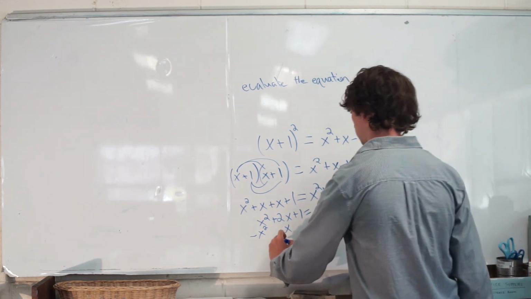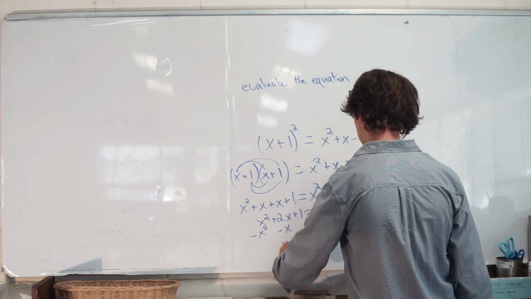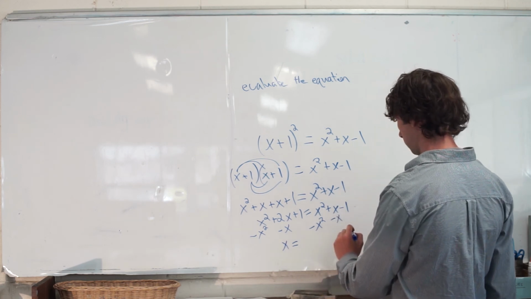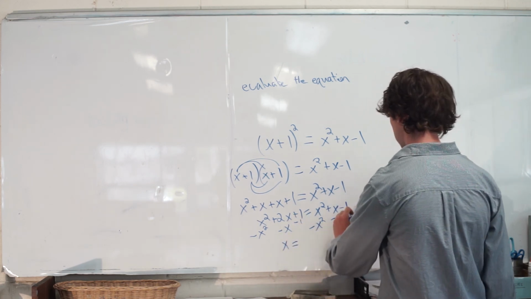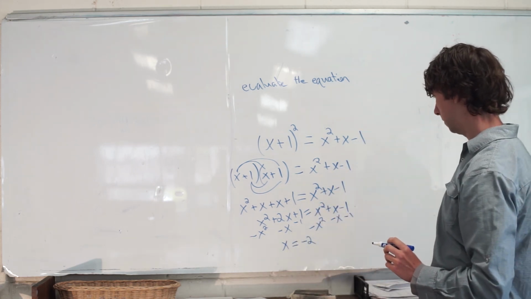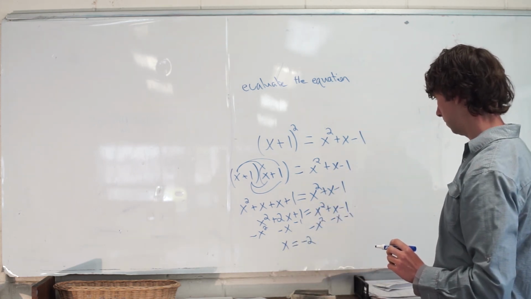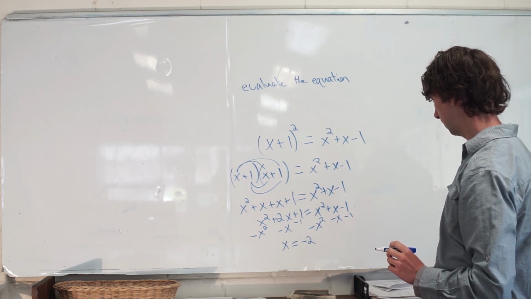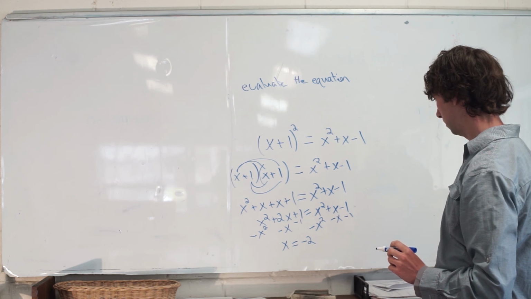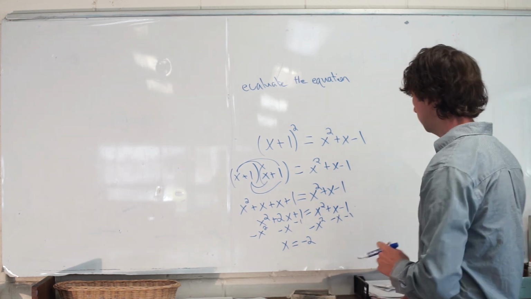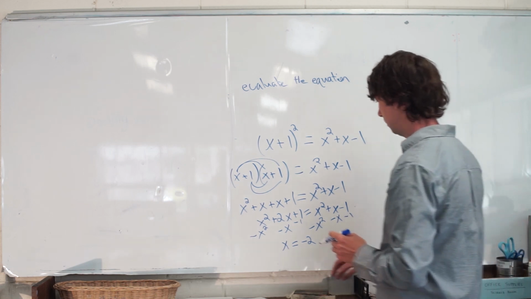Get rid of one of those, and you're going to be left with x equals, let's see, subtract 1, negative 2, I think. I think that's right. Yeah, that's good. So, in this case, it's true only if x equals negative 2.